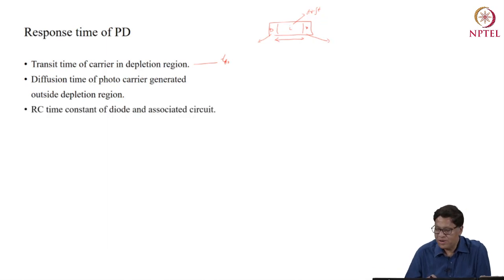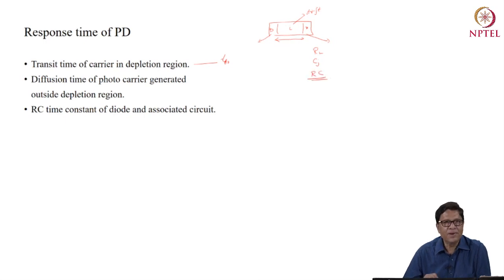The third component is, when you use this device, you have some external component RL, right? And then there will be some capacitance of the device, some call it junction capacitance. And if you have some equalizer, then it will have some R and C component.